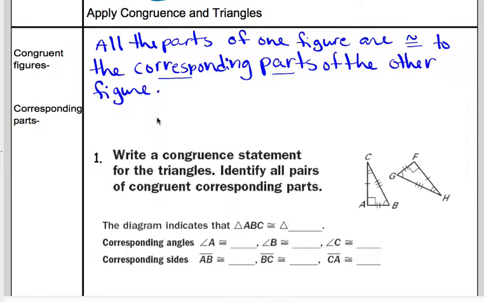Corresponding parts are the corresponding sides and corresponding angles. Those are the types of parts that can correspond to each other. So you have corresponding sides and you have corresponding angles.